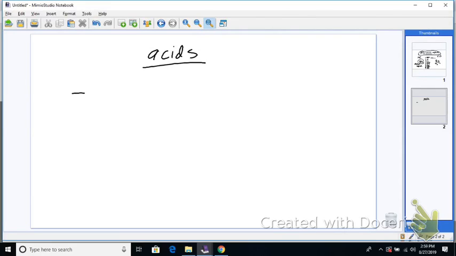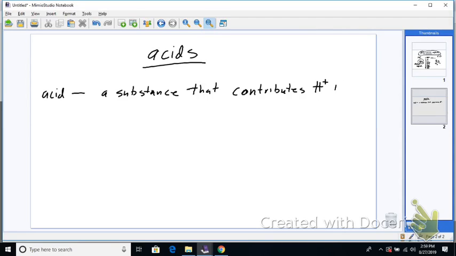So an acid is something that gives off H+ ions. I wouldn't say produces, because that looks like it's a new product, but a substance that contributes H+ ions.